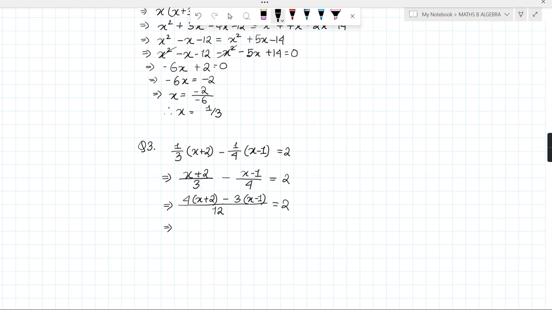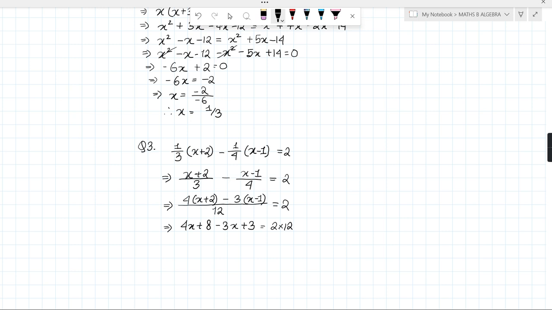And now if you simplify this, 4 into x plus 2 would be 4x plus 8, and minus 3 into x minus 1 would be minus 3x plus 3. Now if you change the side of the 12 from the left to the right hand side, it will be multiplied.